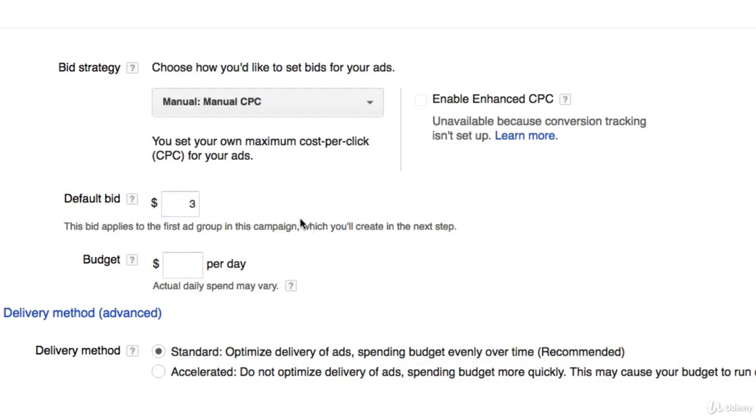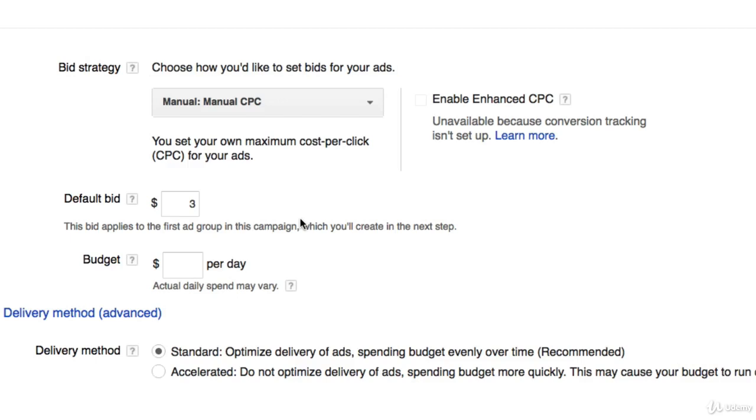A lot of students ask, what is your default bid and how do you decide what to set it at? Those are great questions. The first answer is simple. The default bid is the bid that anything lower in the hierarchy is going to inherit unless you change it. So for example, the default bid for this campaign is $3.